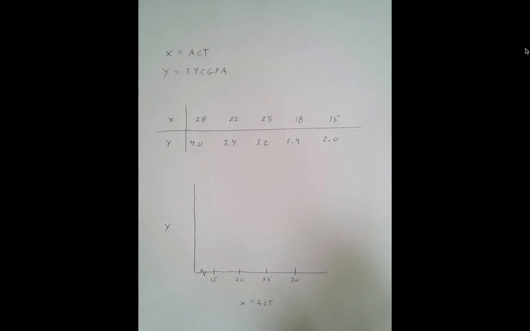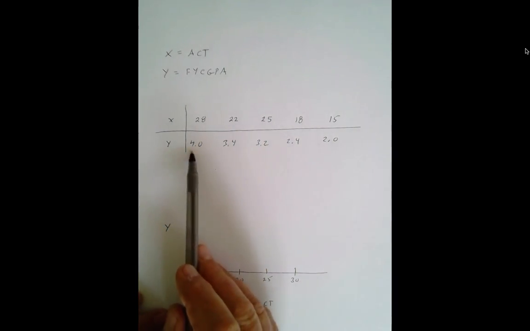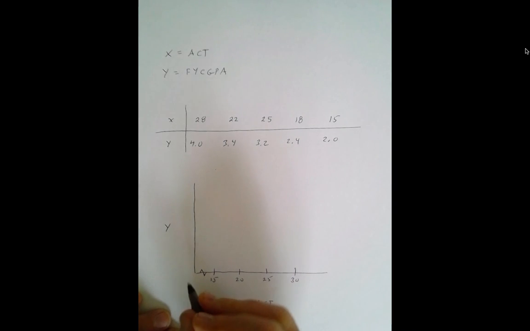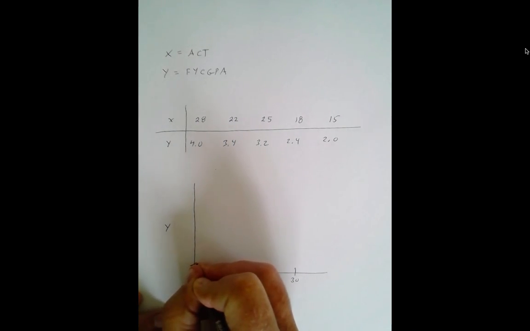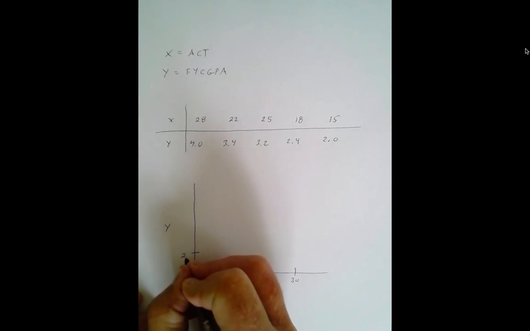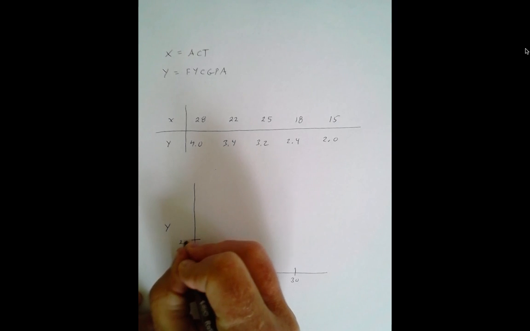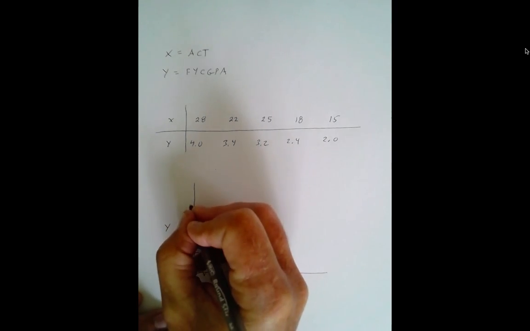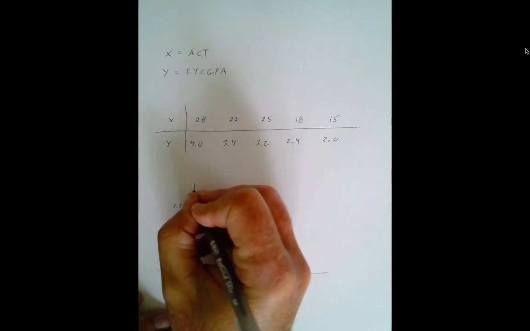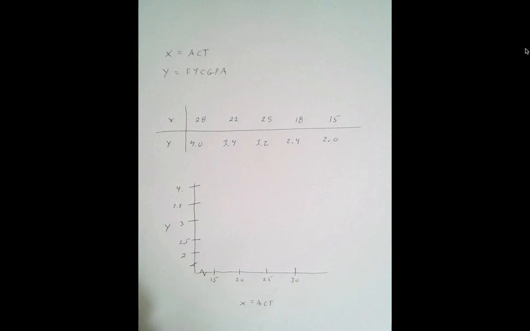I would always use technology, but I like to demonstrate things by hand, and then use technology to get a much prettier picture. What would happen here? We see our GPAs range from 2.0. I'm going to break it up. Okay, so I'm going to come in and start making points.